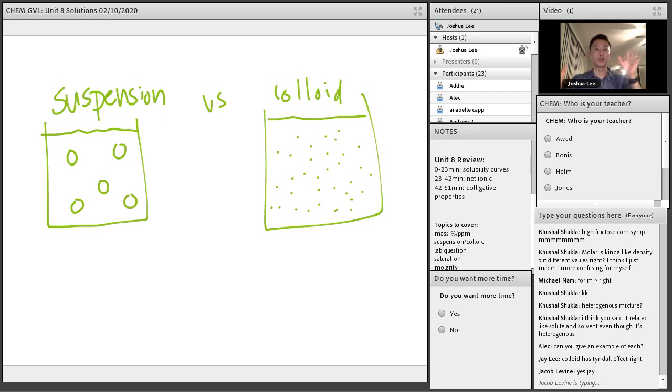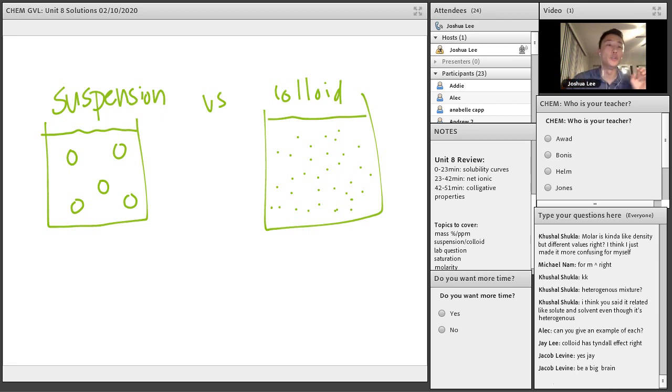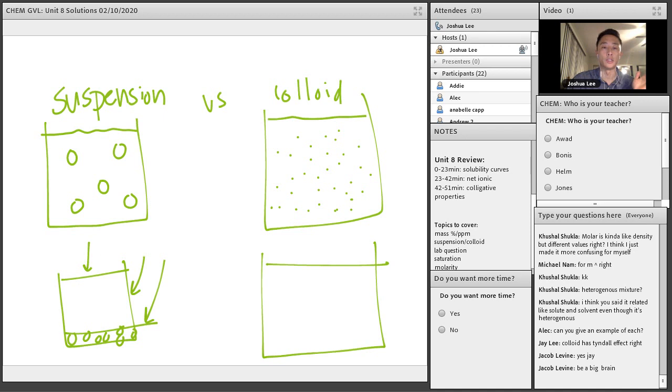You have particles in a solution, but if you don't agitate it, it'll settle out. So this is a heterogeneous mixture. Because eventually, if it settles out, then you have two distinct parts of this. So this is what we call a mixture. Whereas a colloid, it won't settle. It'll just stay homogeneous without you having to agitate it.